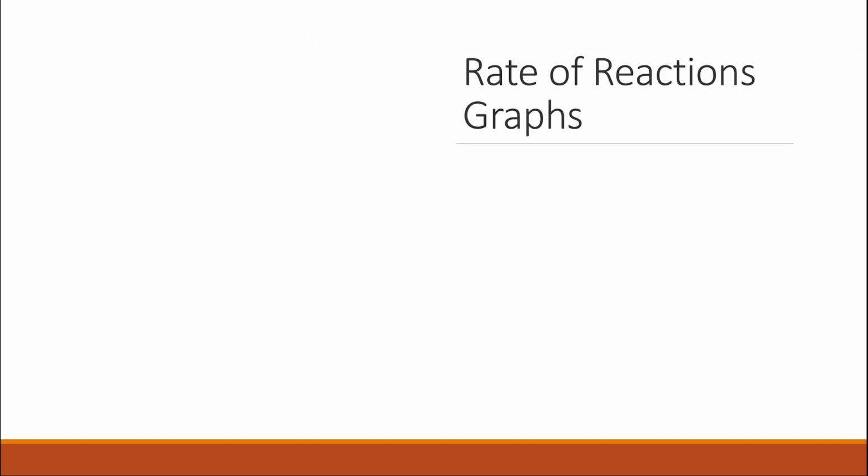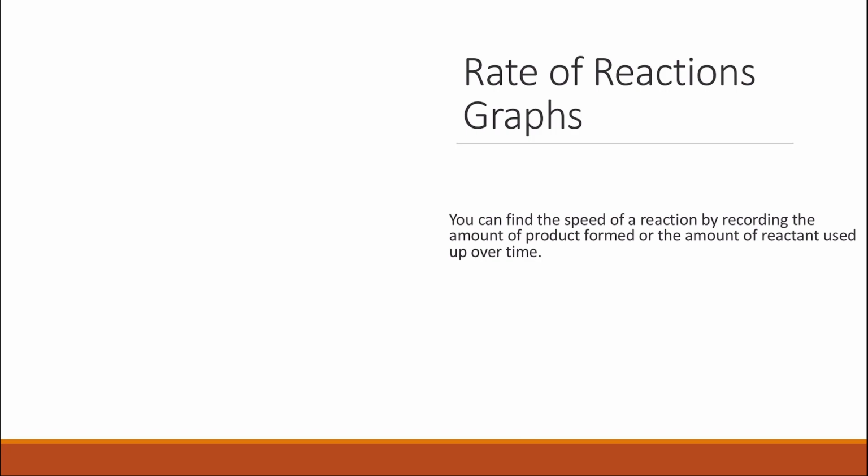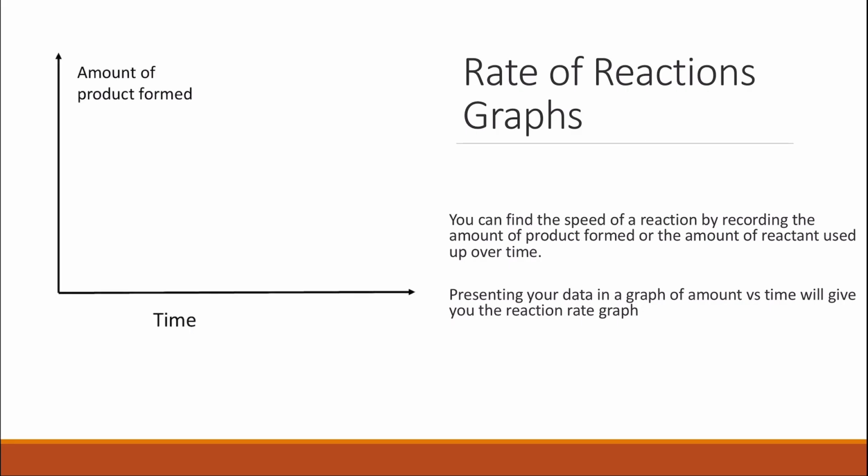You can represent the rate of a reaction graphically. You can find the speed of the reaction by recording the amount of product formed or the amount of reactant used up over time. Then you can represent your data in a graph of amount versus time, and that will give you the reaction rate graph.